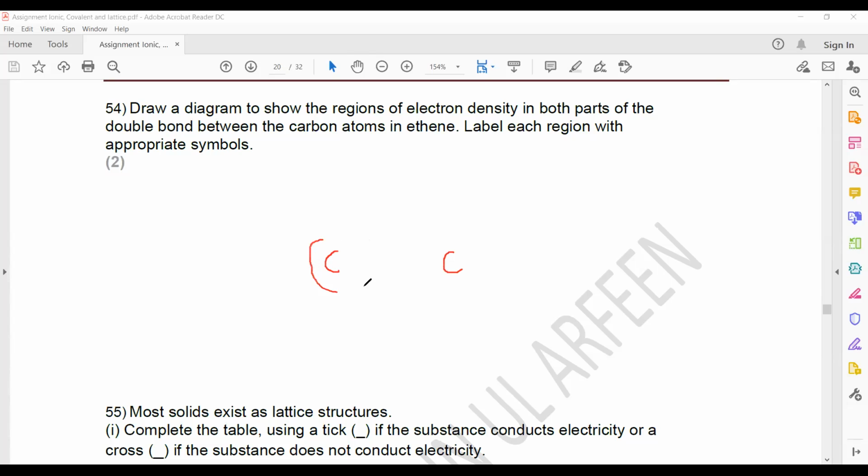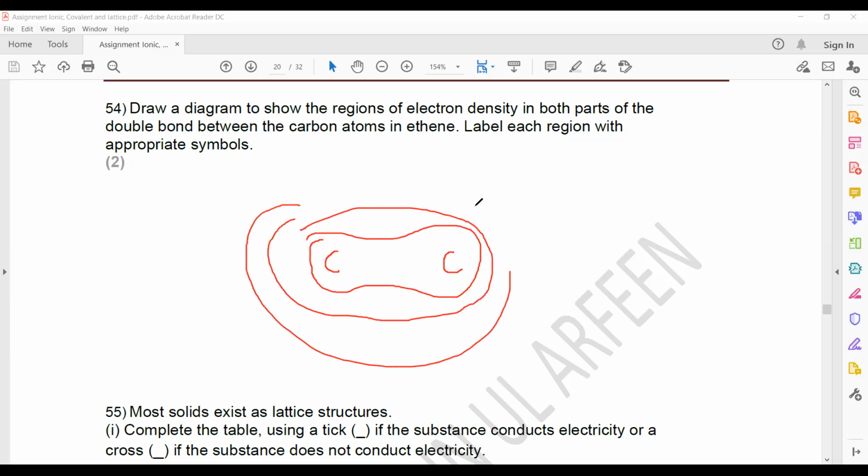Two carbon atoms, these contours, and you will mention the bonds here, double bonds.